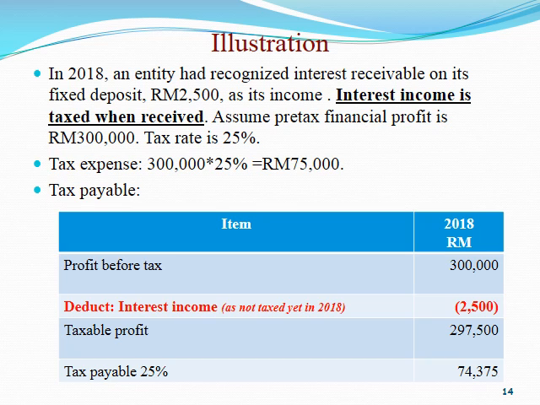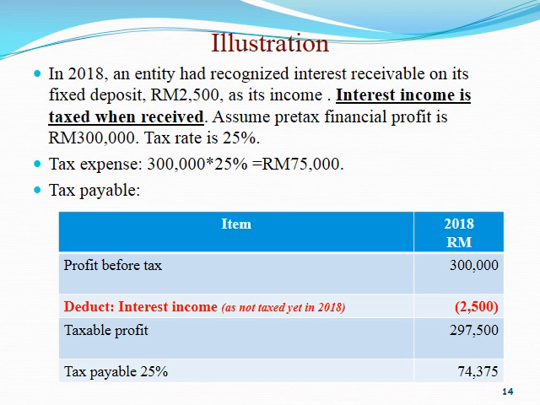Interest income under tax rules will be taxed when received. Then we assume that the pre-tax financial profit is 300,000 and the tax rate is 25%. Therefore, for this particular year, the tax expense for this company is equal to profit before tax multiplied by the tax rate, which is RM75k.